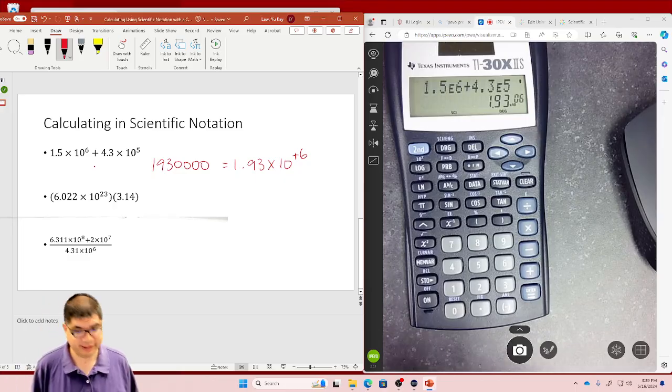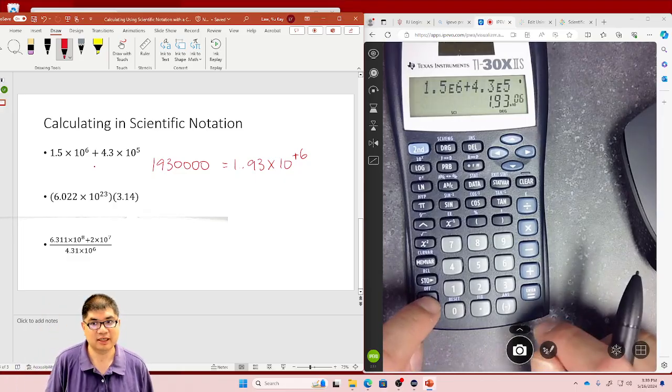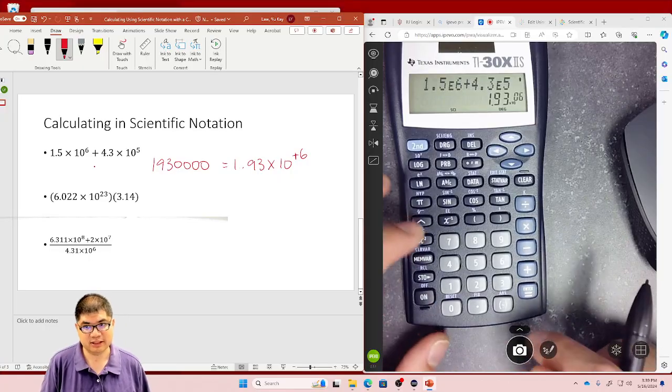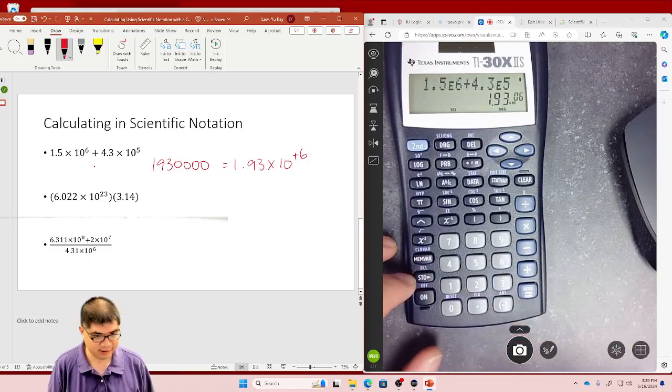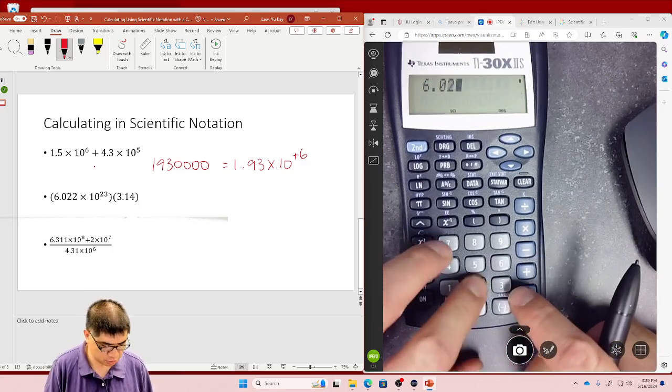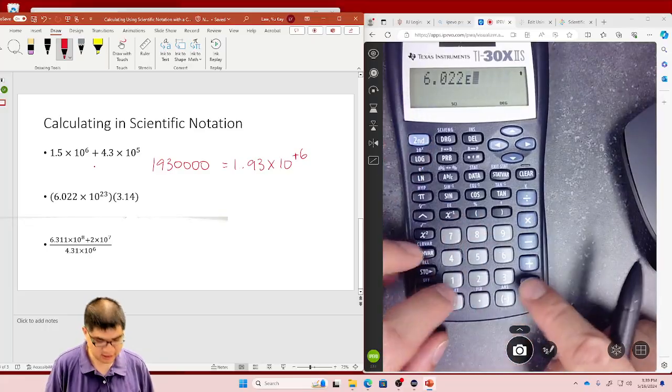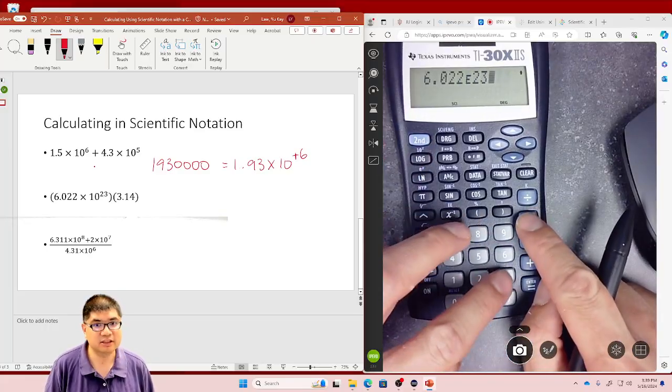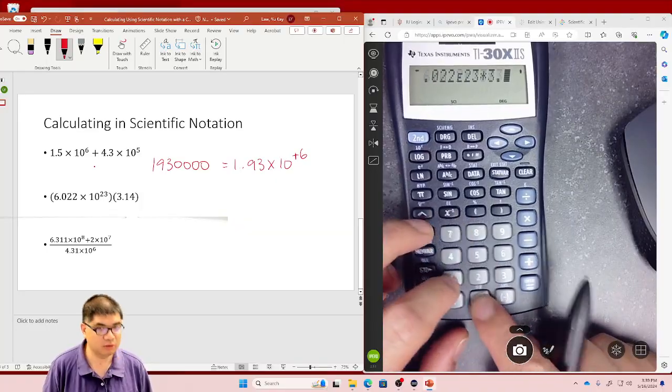The second one over here is 6.022 times 10 to the 23 times 3.14. 6.022 second E 23 times 3.14.